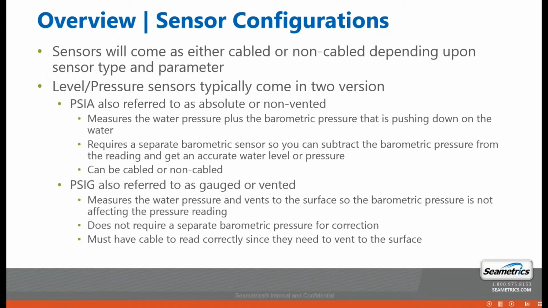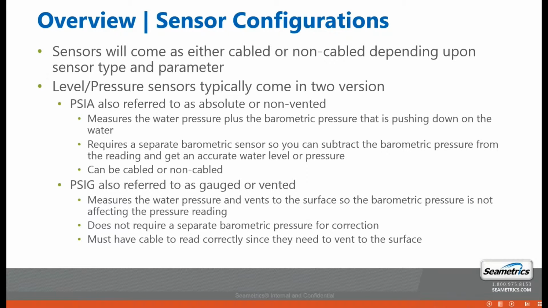Sensors come in various configurations. Most of them come with cable or non-cable, depending on what type you're looking for. With level in particular, they have absolute or gauged units. PSIA is what we consider an absolute, so it's a non-vented unit.